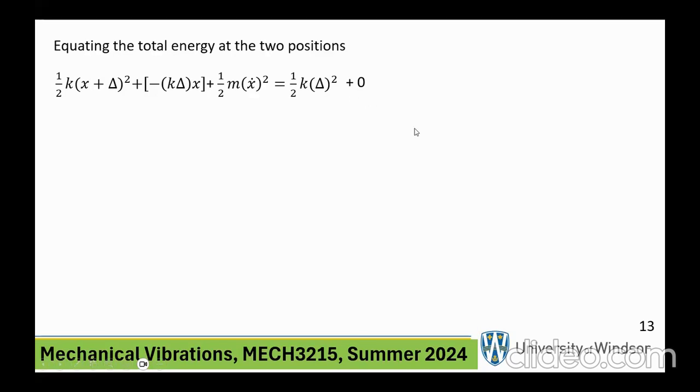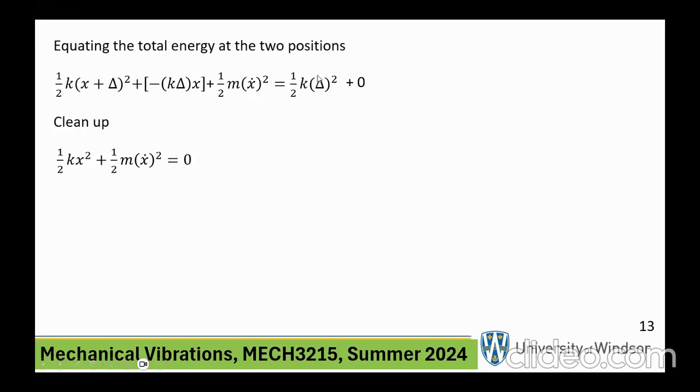If you clean this up, you'll notice that if you expand this, you get 2x delta. One half is here, plus x delta and a minus x delta, so those will cancel.